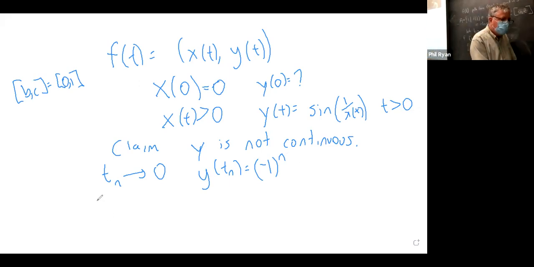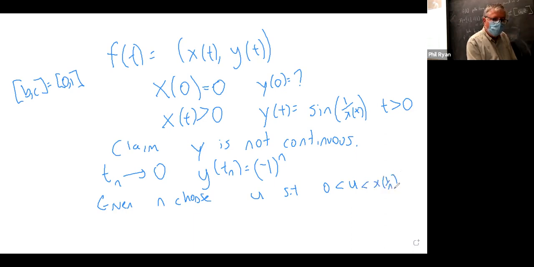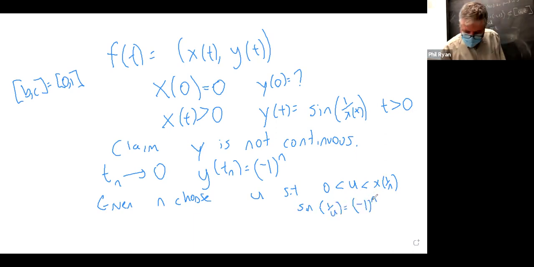Given n, choose a u such that u is between 0 and x of 1 on n, and we want sine of 1 on u to equal (-1)^n. The reason we can do that is because of the intermediate value theorem. That's just true.